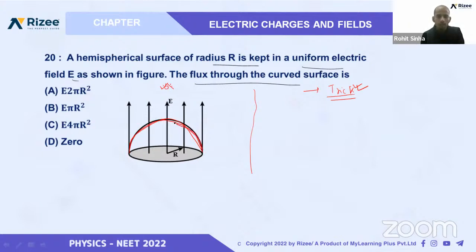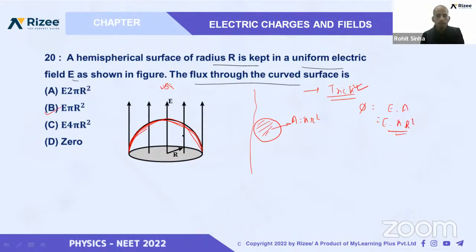You will see that this curved surface appears like a disc, just as when you see the back side of a bowl, it appears like a disc or a circle. And we know if it appears like a circle, find its area. Area will be pi r square. And we know flux will be electric field into area, that means E into pi r square. So I think the answer was correct.